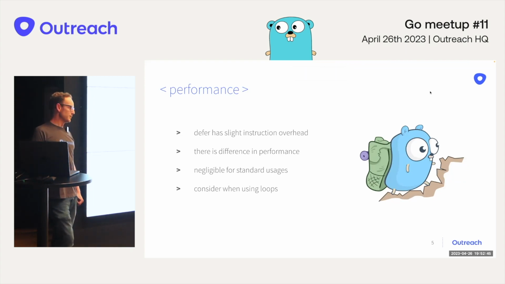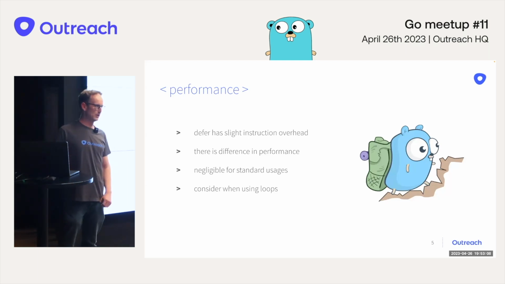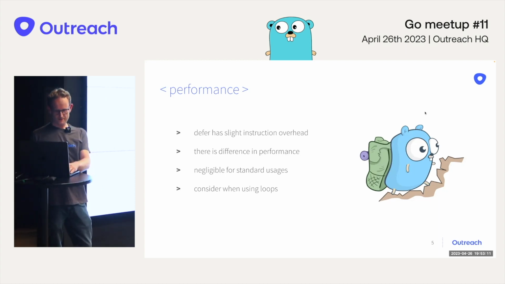So I would say the performance, even though the numbers are there, is still really negligible, and the only point where I would consider this is when I would be running some loop with a lot of iterations that could somehow affect my performance. Otherwise, really don't be worried about this. Just use it wisely.